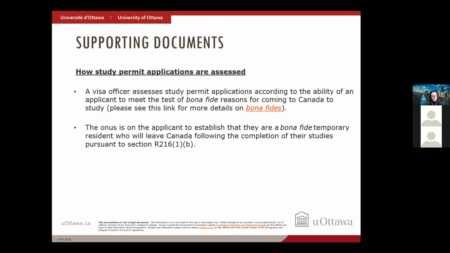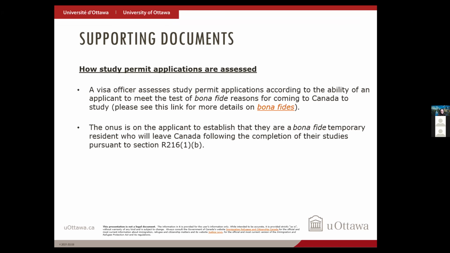So they want to make sure that you have genuine reasons for coming to study in Canada, that you are in fact a student, and that studying is your primary reason for this application. It is on you, the applicant, to establish in your application that you are a genuine student who will leave Canada following the completion of their studies. So this is something that causes a lot of issues for students, I know.